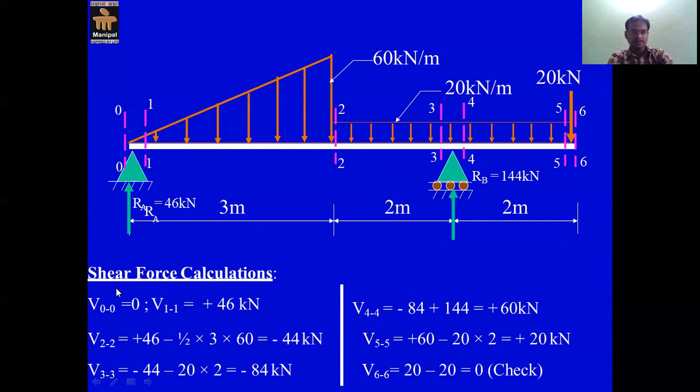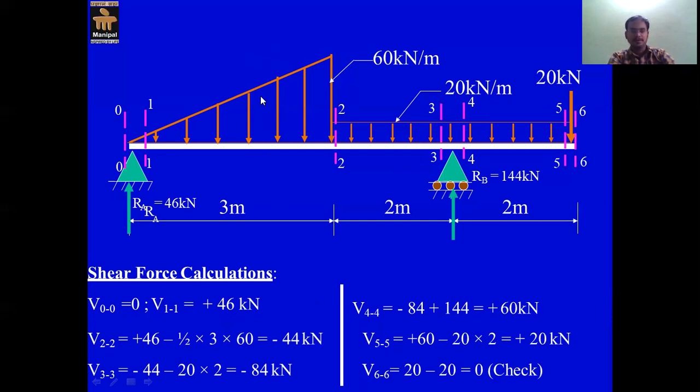At 0, 0, the shear force is 0. And at section 1, 1, the shear force is plus 46 kilonewtons, because it is in the upward direction. Shear force at section 2, 2 is 46 in the upward direction, and minus, because it is in the downward direction, minus half base height. So the direct force is considered here.